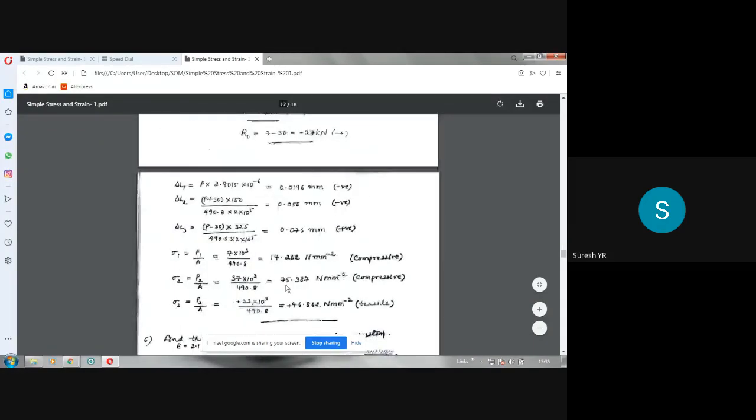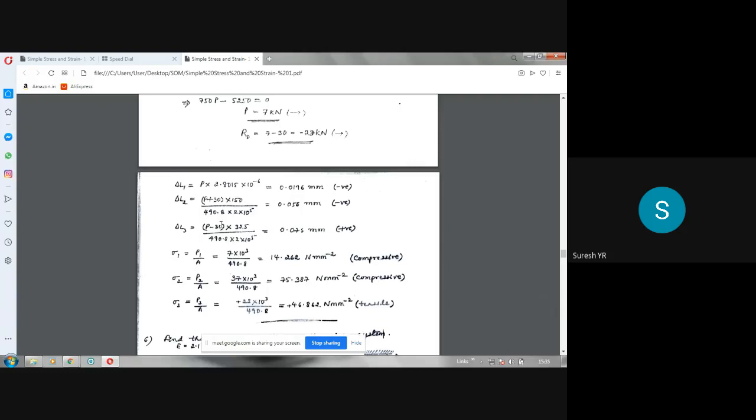Take the value as 23. So 23 into 10 power 3 into L, which is 325, divided by A into E gives this value. This is positive, elongation.